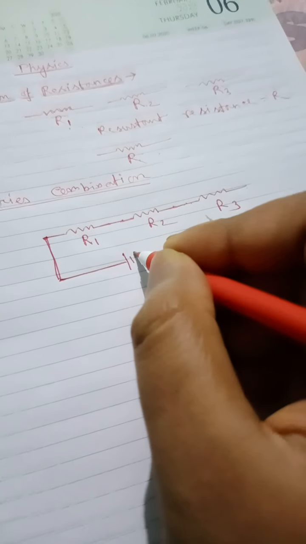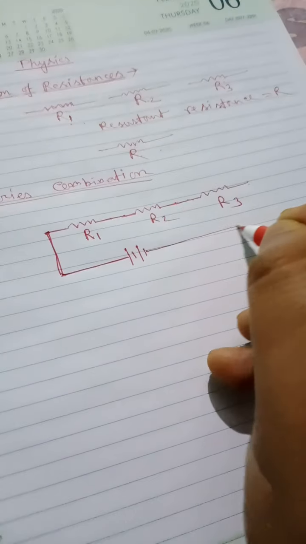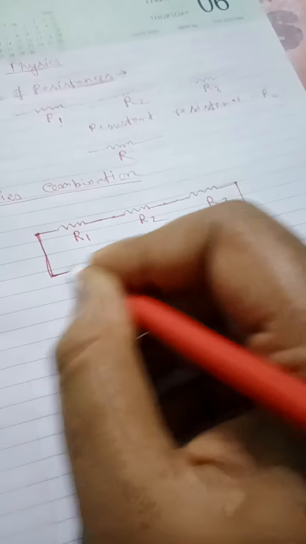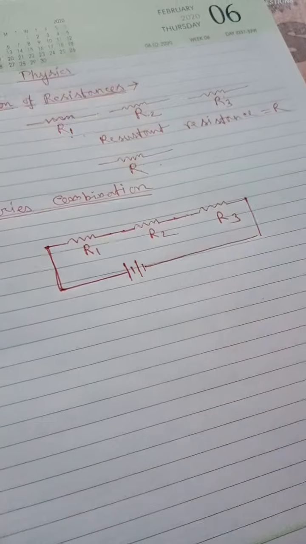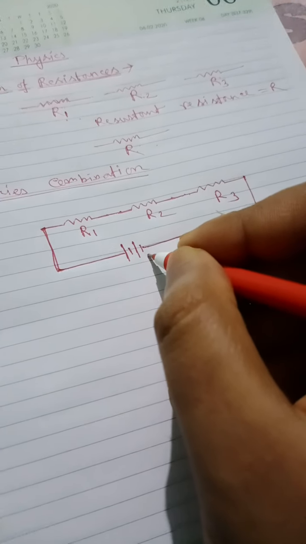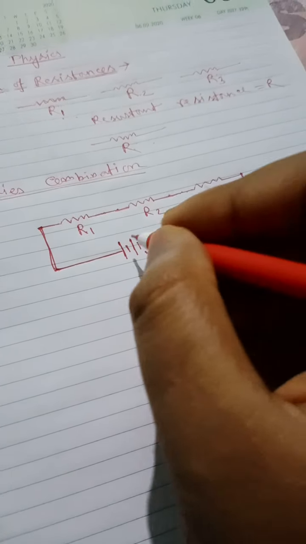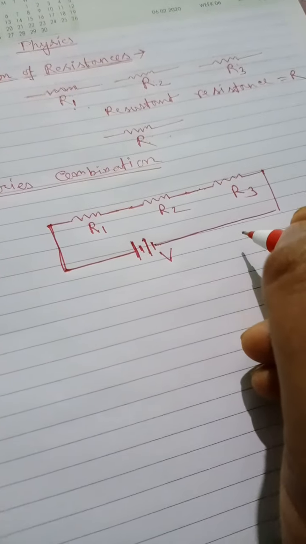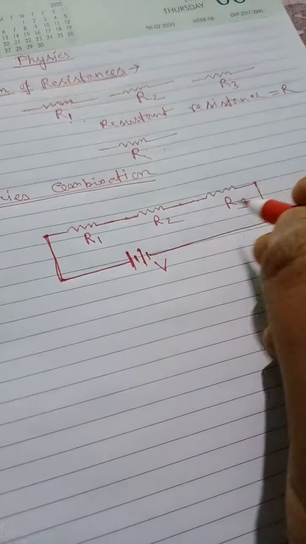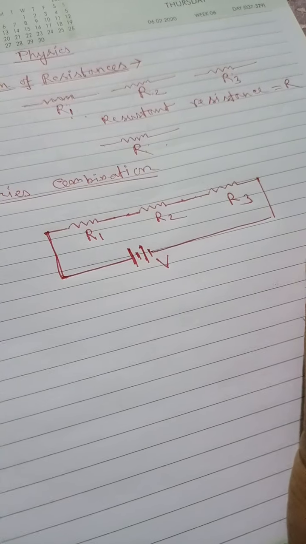Now suppose we connect R1, R2, R3 in such a way in an electric circuit where the source voltage is applied. Here we connect one battery and we close the electrical circuit. So the source voltage V, the potential difference V, is applied by this battery across these three resistances.